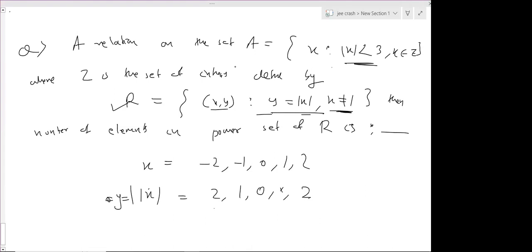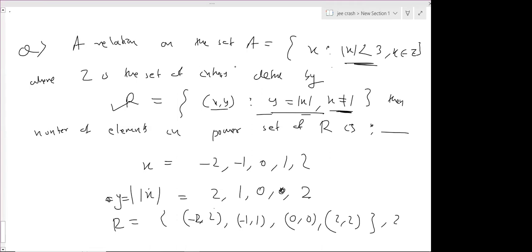Mod 2 is 2. So the elements we have are (-2, 2), (-1, 1), (0, 0), and (2, 2). So this is the relation. The relation has 4 elements, so the power set of R will have 2 to the power 4 elements. Clear, everyone?